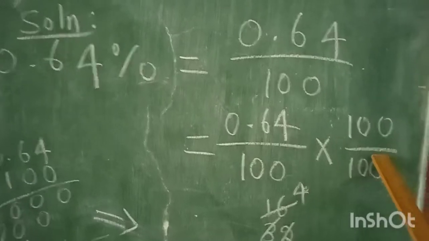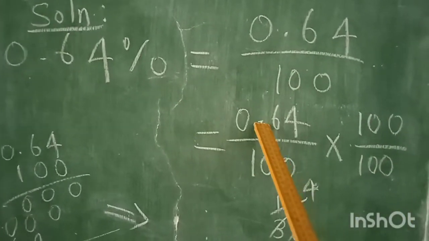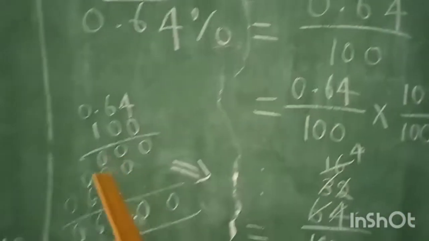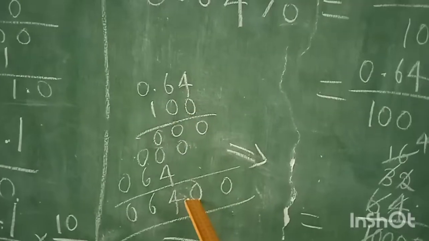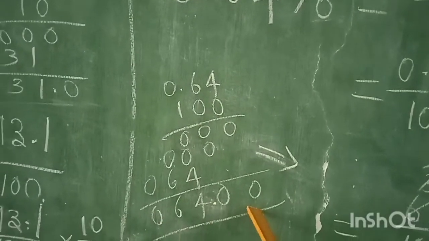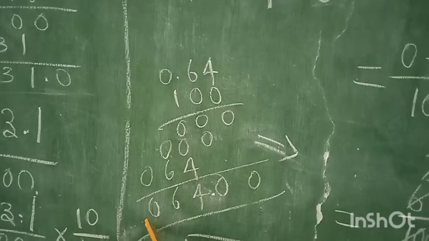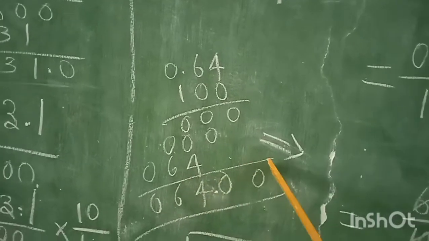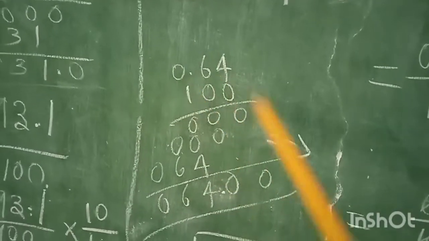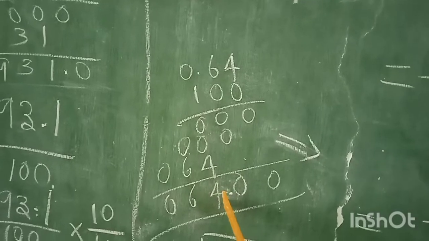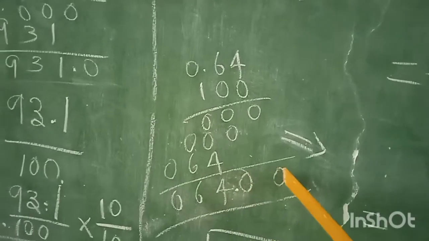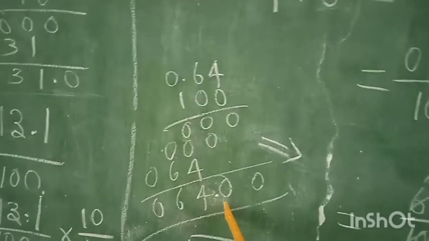So, if you multiply with 100, you can remove the decimal point. So, now multiply with this 100. We are getting the final answer 064.00. Right? After the 2 digits, you are placing your decimal point. So, these 2 zeros cancel. So, 64 is your answer.